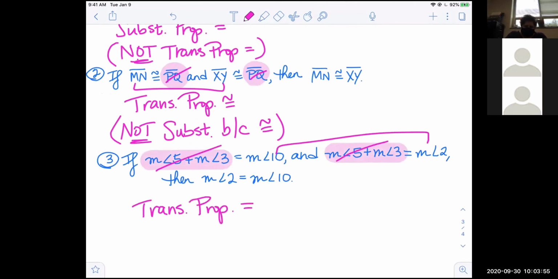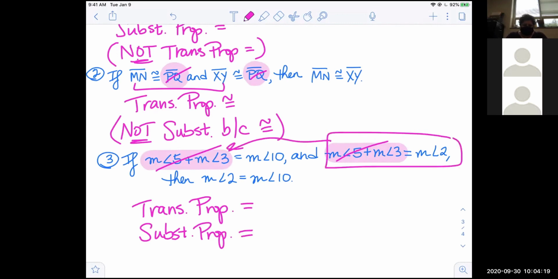Okay, now tell me how it's substitution. Okay, so what type of replacement are you doing? Yeah, so basically you can take that and plug it in over here and make angle 2 equal to that. Good, okay.